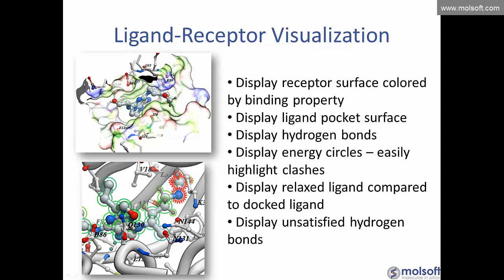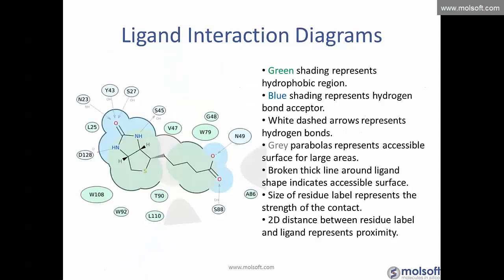There's also tools for just visualizing the key interactions, which we'll show you in a minute. You can also work in the 2D environment as well, so not only can you see the interactions in 3D, but you can output a diagram like this, which shows the key interactions.